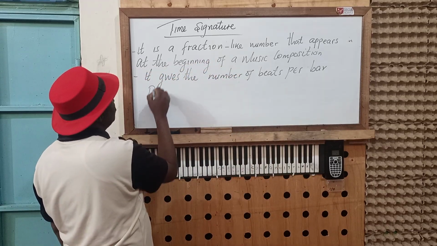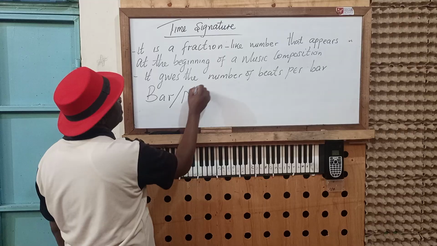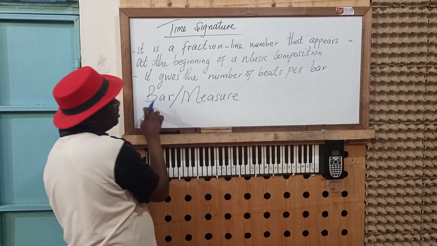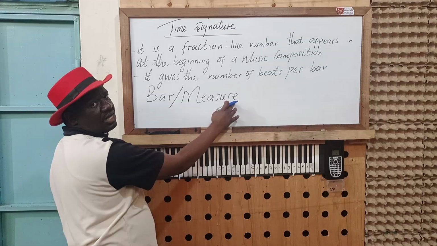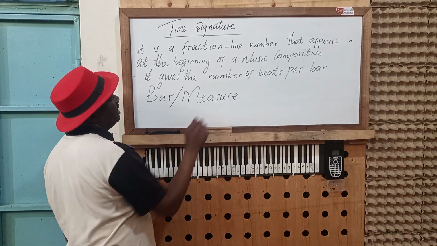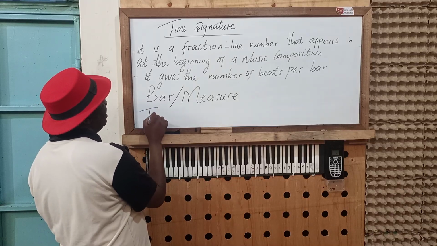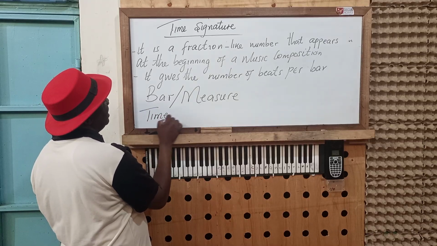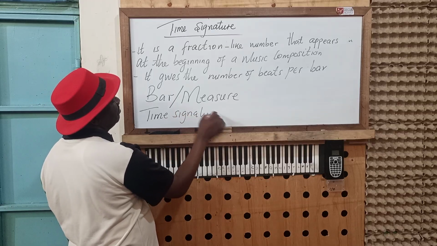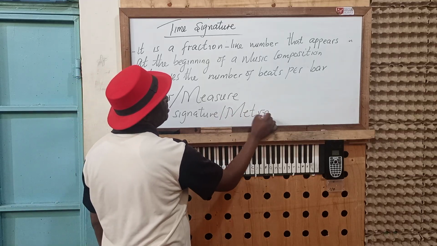And at this time I also want to say the other name for bar is measure. So if you see the word bar and the word measure, they mean the same. And I also want to say the word time signature and the word meter mean the same.